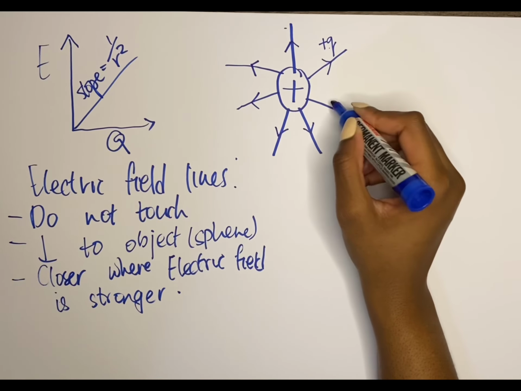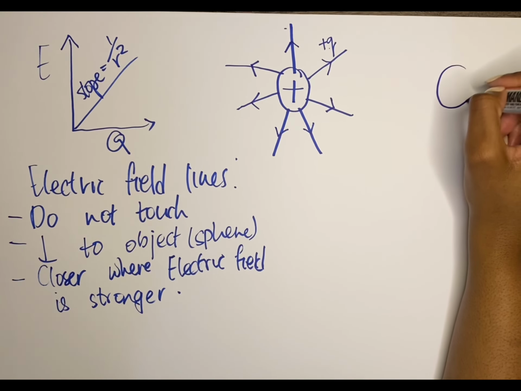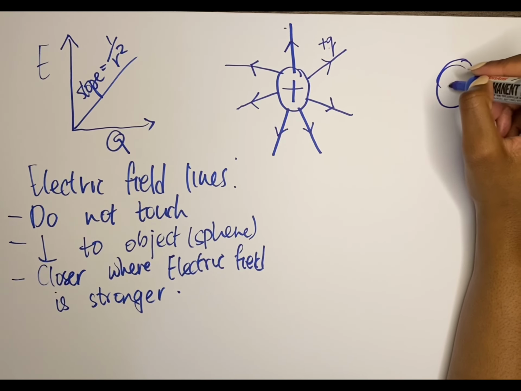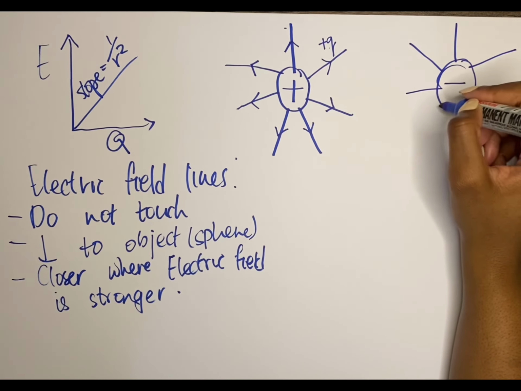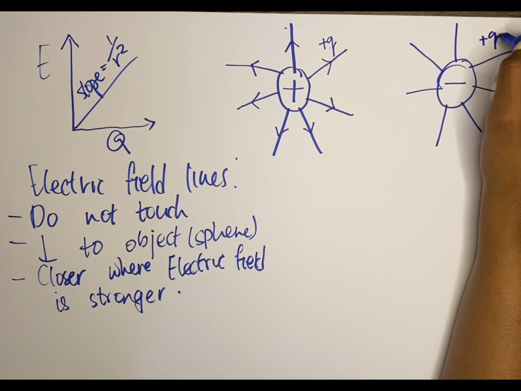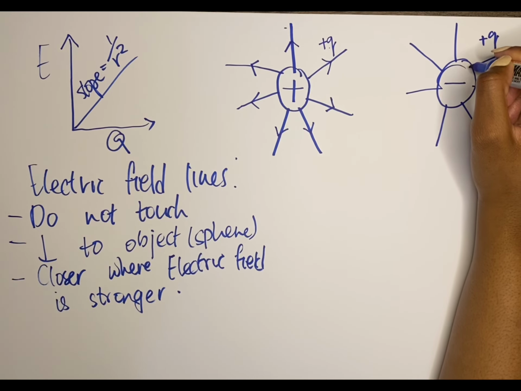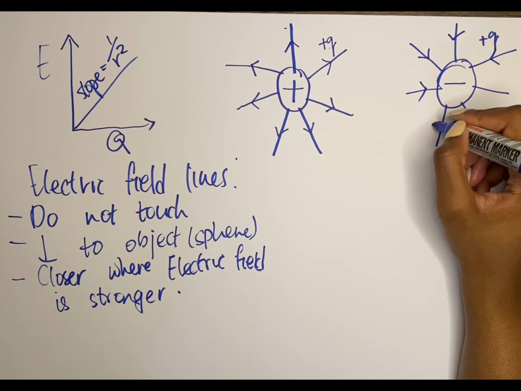So the arrows are indicating the direction of a test charge if it was placed in that electric field, right? If I was to have a negatively charged sphere, and again, I was to place a positive test charge, it will be attracted to the negatively charged sphere. So the arrows point in for negative and out for positive.